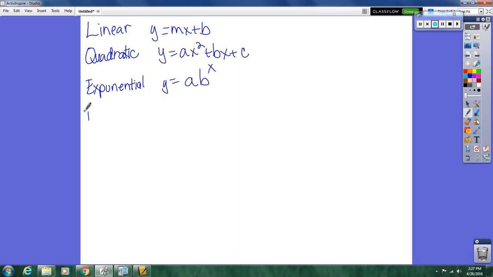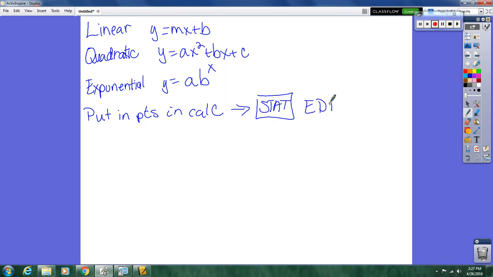To put the points in the calculator, you followed a specific set of steps: you went to the stat menu, and then you went to edit, and the X's went in L1 and the Y's went in L2. What was the one button you did not push in this menu? Delete. You did not push delete on the menu.